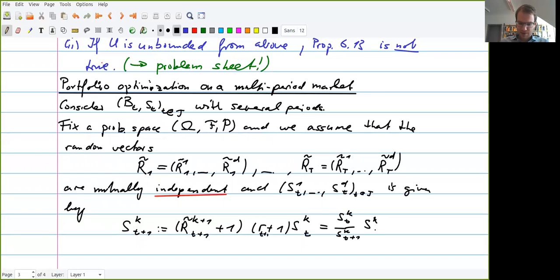This is where it comes from. So we assume that the discounted returns are independent, and these discounted returns in each of these trading periods determine the price evolution.